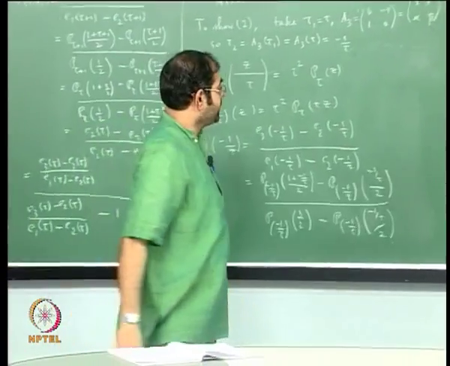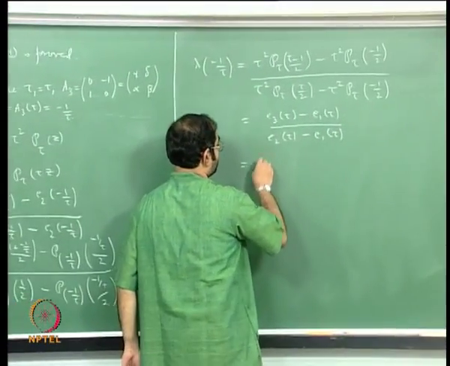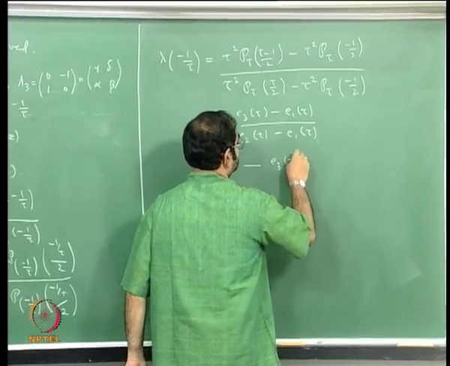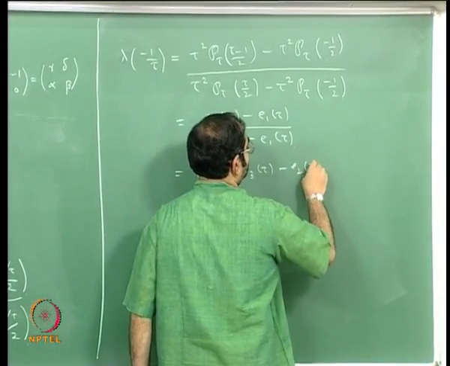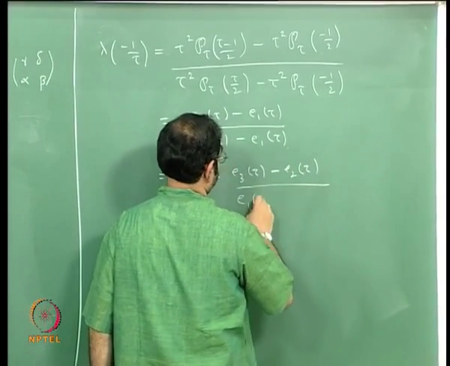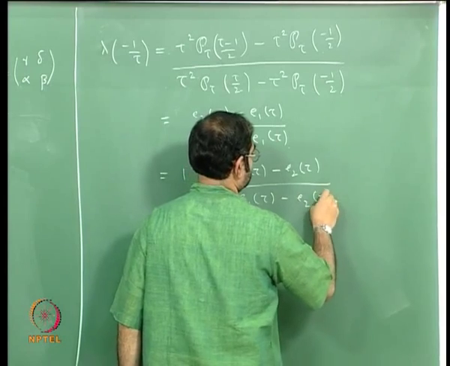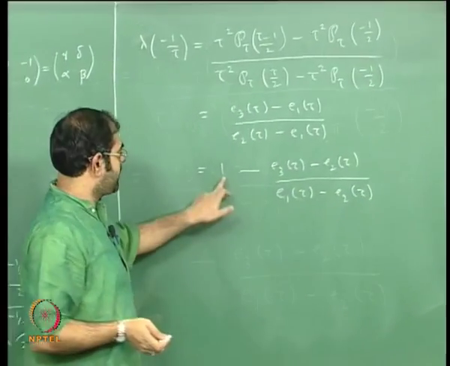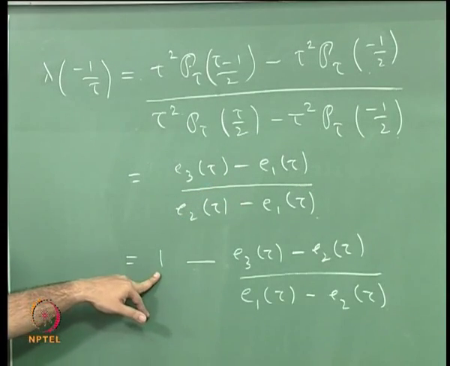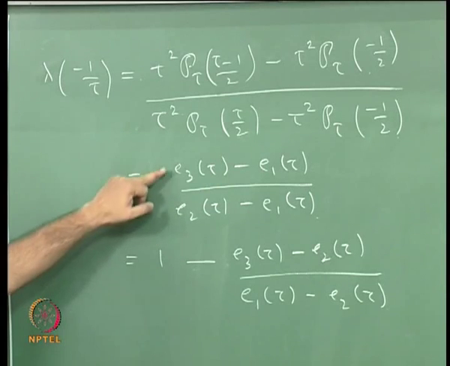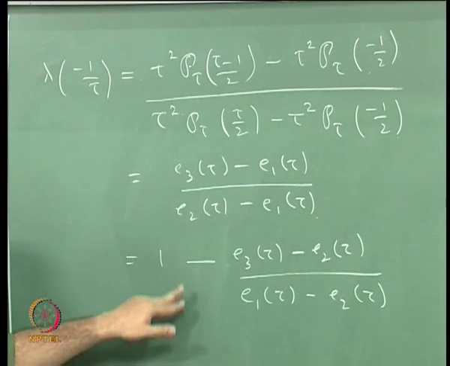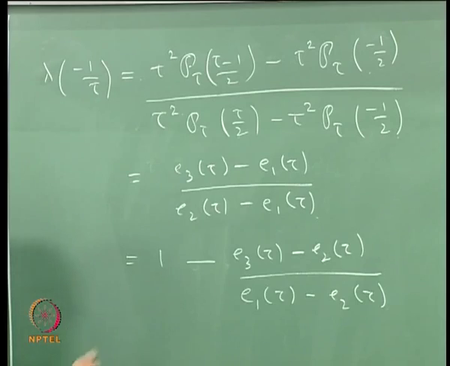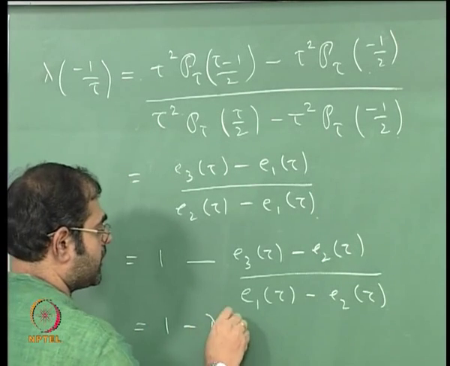This is 1 minus lambda of tau, so it is 1 minus E3 of tau minus E2 of tau by E1 of tau minus E2 of tau. Okay, because if I simplify this, in the numerator I will end up with E1 minus E3, and in the denominator I will get E1 minus E2, which is just 1 minus lambda of tau.